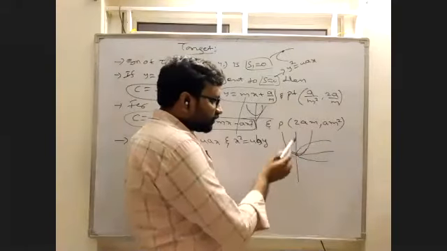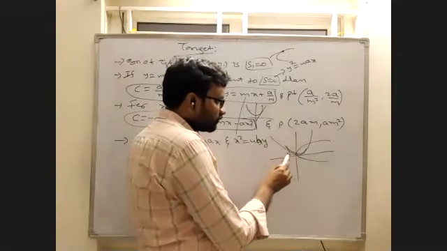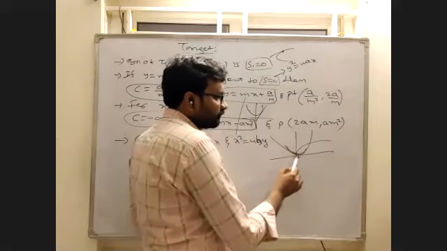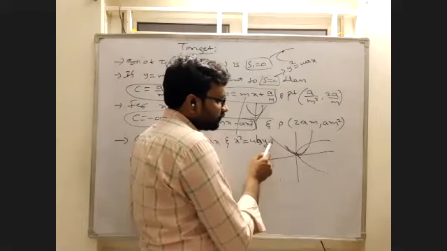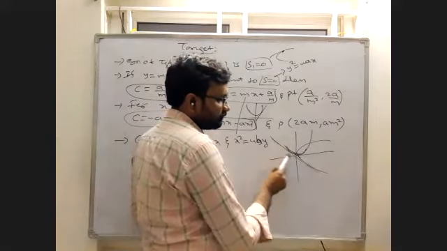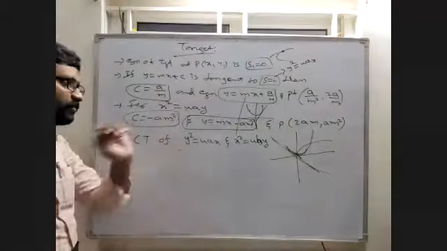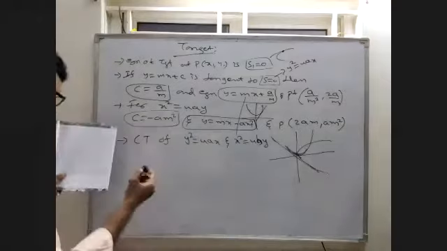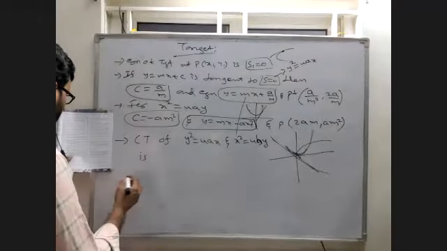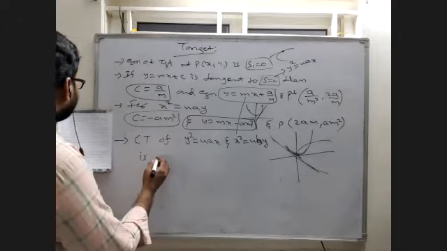Common tangent means what you will get in this diagram. This is the common tangent. The equation of the common tangent of the two parabolas is what is asked. You have to remember this; it is a long answer in our IPE.